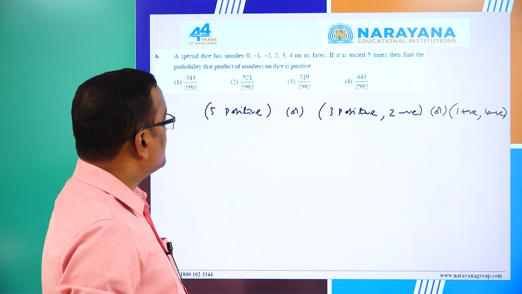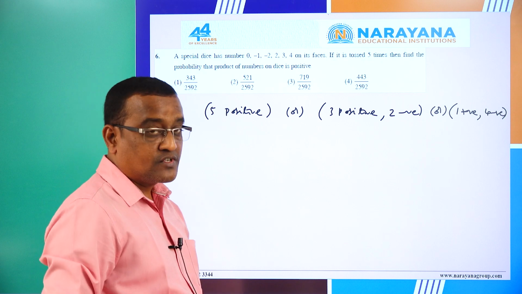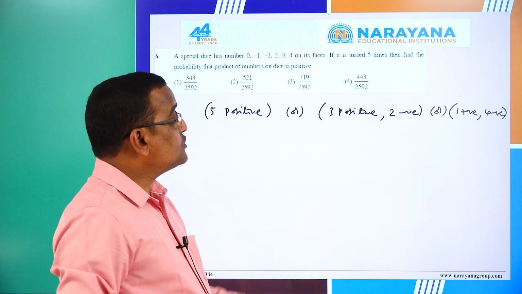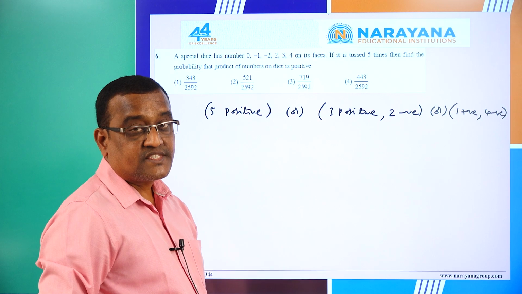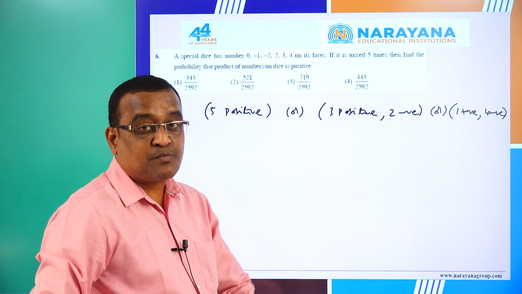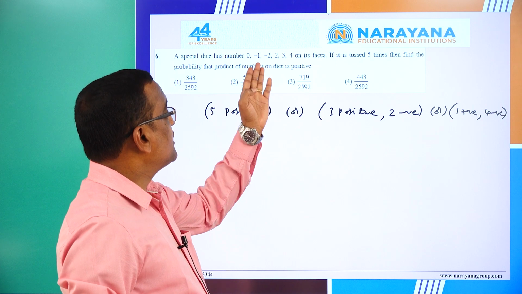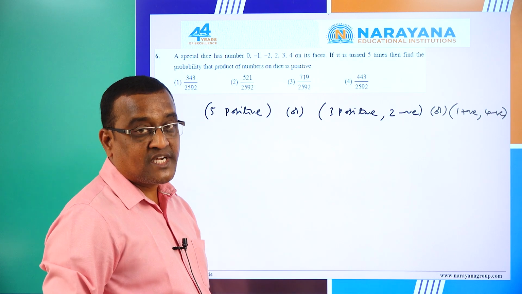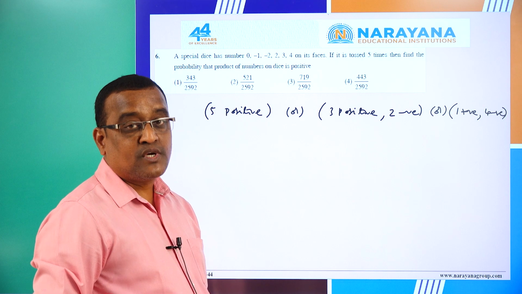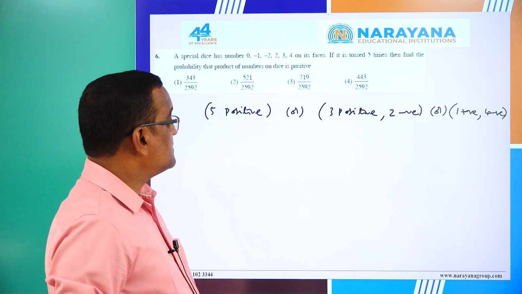Given numbers 0, minus 1, minus 2, 2, 3, 4, the positive numbers are 2, 3, 4. That's why the probability of selecting a positive number is 3 by 6. And the total negative numbers are 2 here, minus 1, minus 2, so the probability of selecting a negative number is 2 by 6.